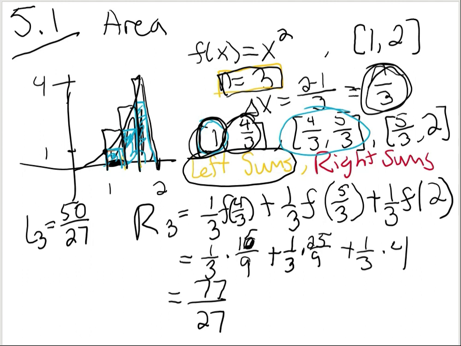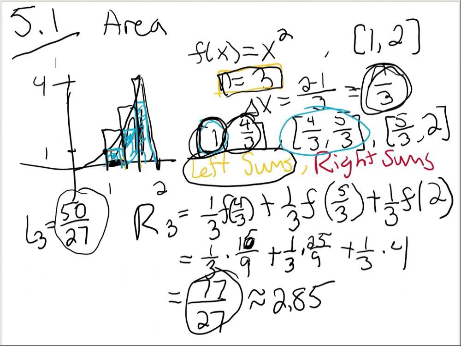So notice that because one's an under approximation, as we saw visually, and one's an over approximation, they're not giving us the same number. But they're giving us numbers that aren't incredibly far off from each other. 77 over 27 is approximately 2.85.